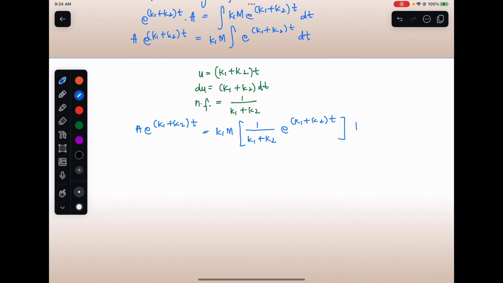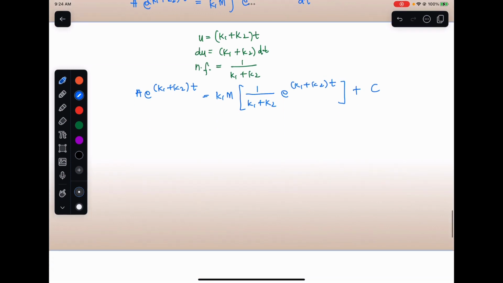And then of course we have the plus c. So giving us a e raised to k1 plus k2 times t equals k1 m over k1 plus k2, then e raised to k1 plus k2 times time, and then plus c.